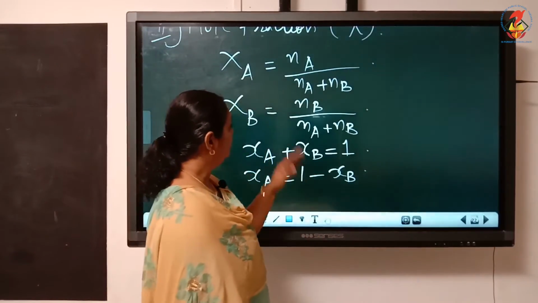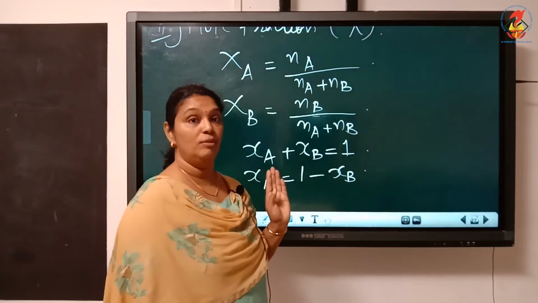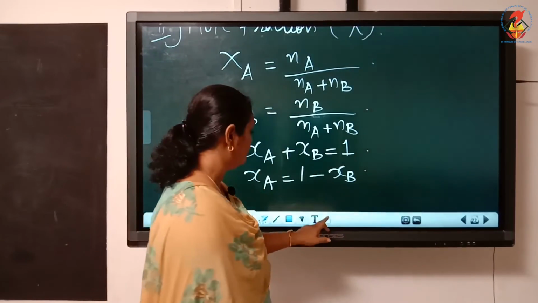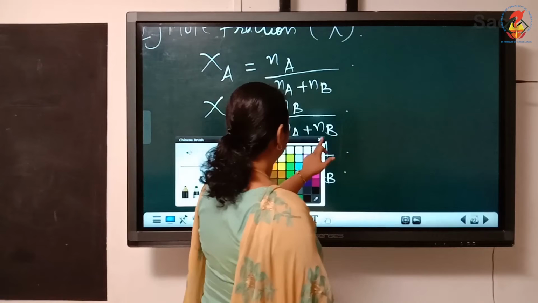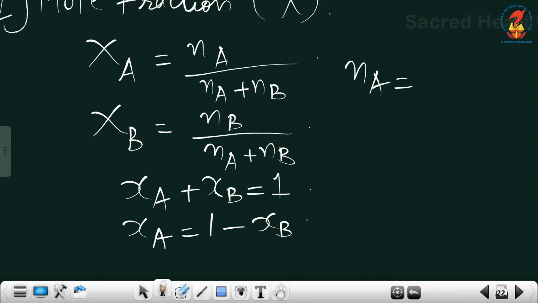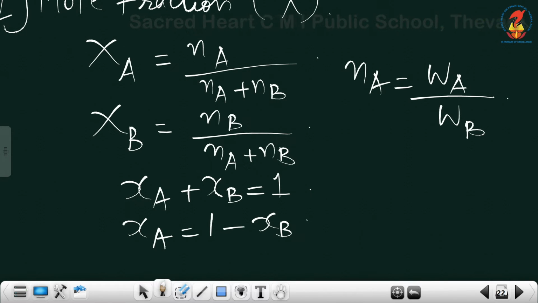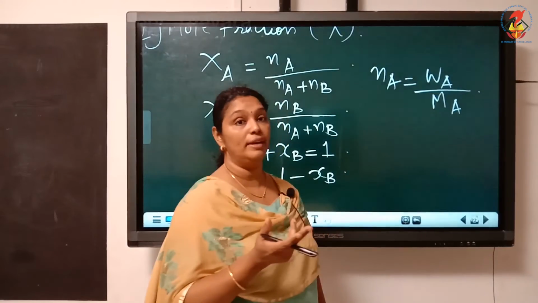Now, you know how to find Na and Nb. What is the expression to find the number of moles? Number of moles is given as mass by molar mass. Na is equal to Wa by Ma, where Ma is the molar mass of solvent.